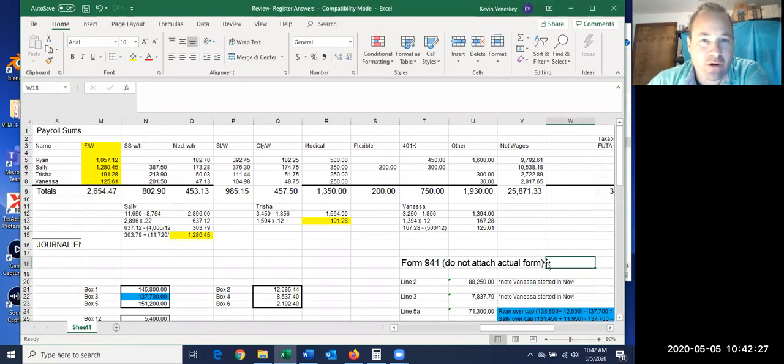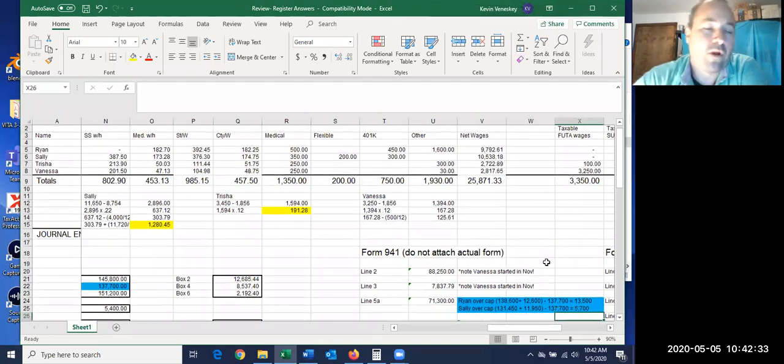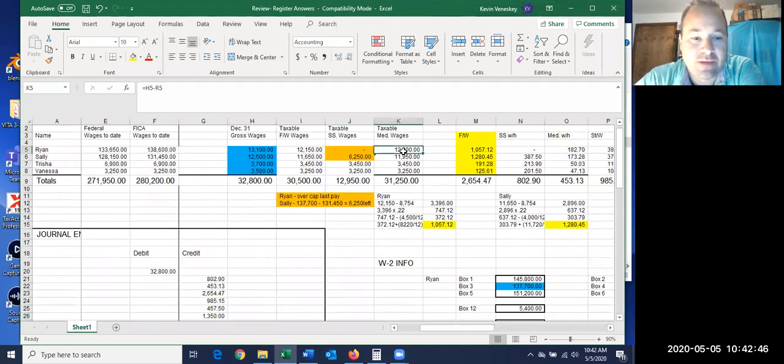Now, line 5A, there are lots of different ways you can go about this. I just picked this one this time. One of the ways you could have gone through it is to do Ryan and say, okay, in October, he had full Social Security, so add that, his full Medicare amount, and then figure up how much did he not go over the cap in November, and then add that in.